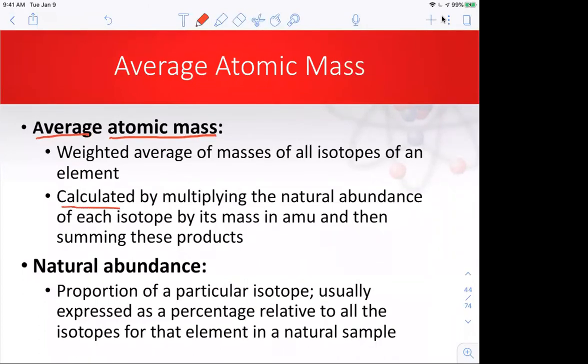I can calculate this if I know the natural abundance and I know its mass in atomic mass units. And we're going to look at how I can calculate those numbers. Remember, the natural abundance is usually a percentage, and that is the proportion of a particular isotope that is found in nature. So like we said before, about 90% of all neon atoms in nature are neon 20.